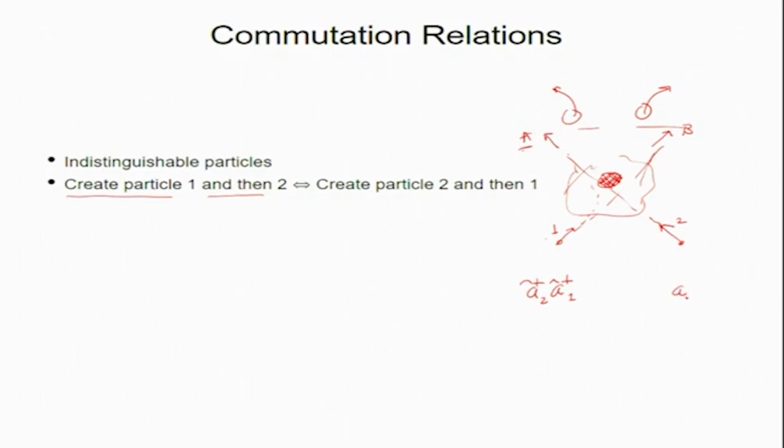You can also create them a different way: create particle 2 first and particle 1 later. These are operators, but the end result is the same, right? You can't distinguish which was done before and which later. In the experiment we will just see two particles. So this product of the operators is identical in terms of observation.